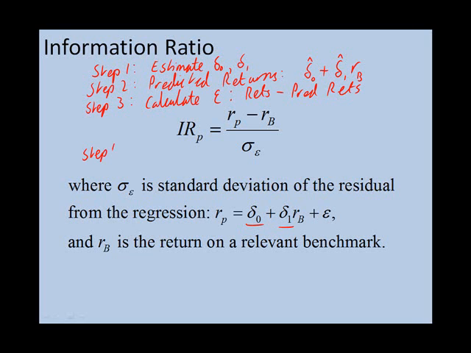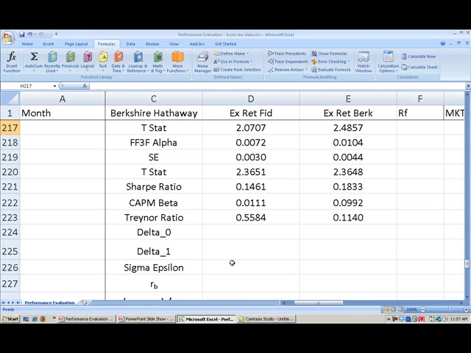Step 4, we're going to calculate the standard deviation of the residuals. That's sigma epsilon. And step 5, we'll calculate the benchmark return. Now let's go back to Excel.